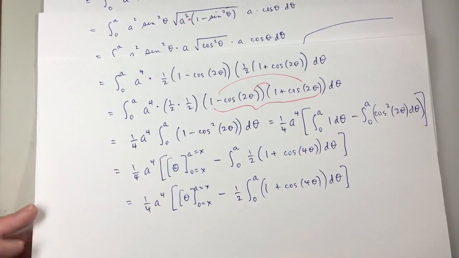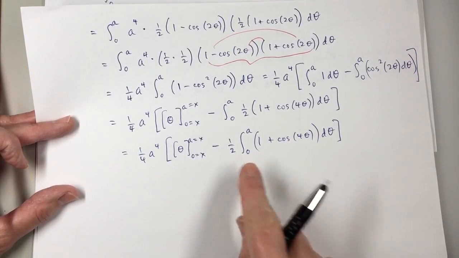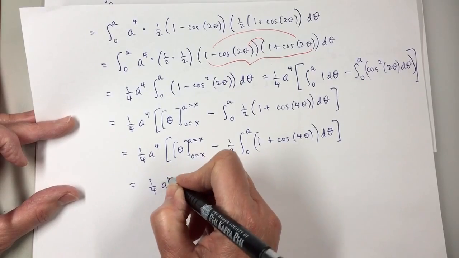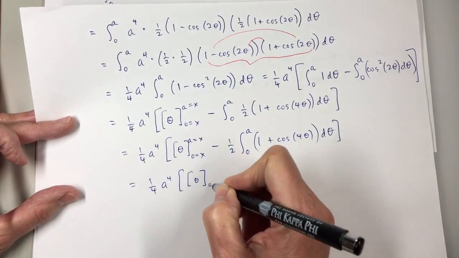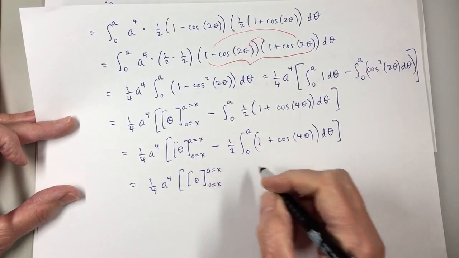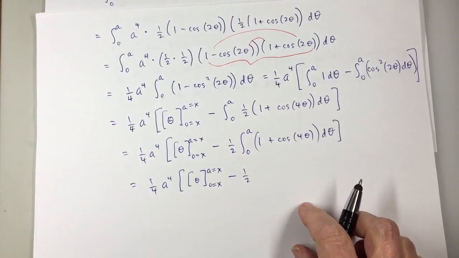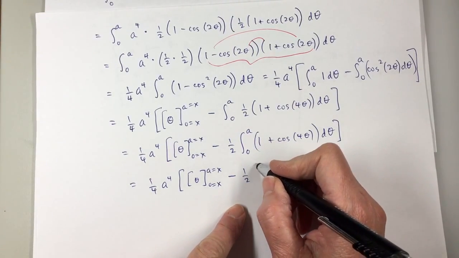Let's finish up with the integral parts at least here. I'll just recopy 1/4 a to the 4th, theta from 0 to a. Those are values for x. Now 1/2, what's the antiderivative of 1? It is theta.